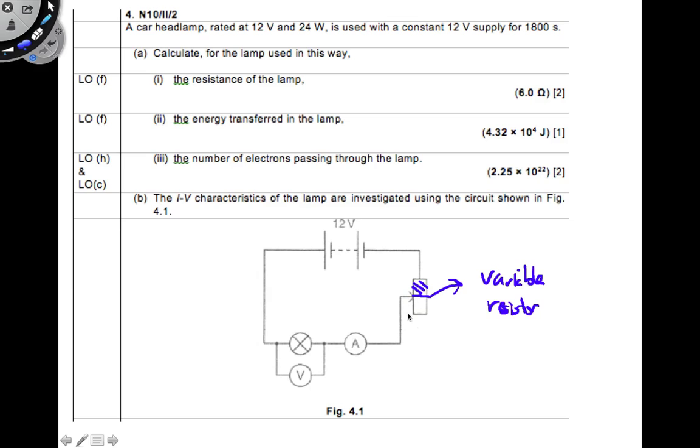If I connect it at the lower point, I'm tapping this entire amount of resistance. If I connect it right at the top, I'm only tapping this small amount of resistance. Because it ranges from 0 to 10 ohms, this end should be close to 0 ohms, and this end should be close to 10 ohms.